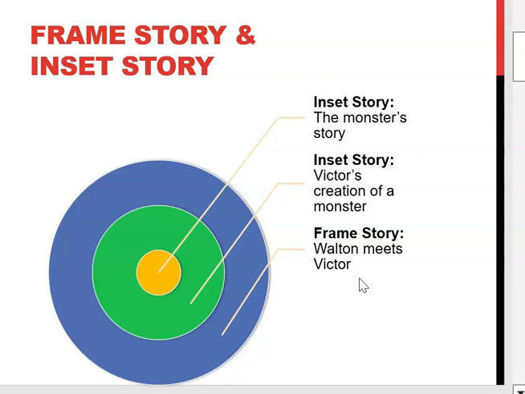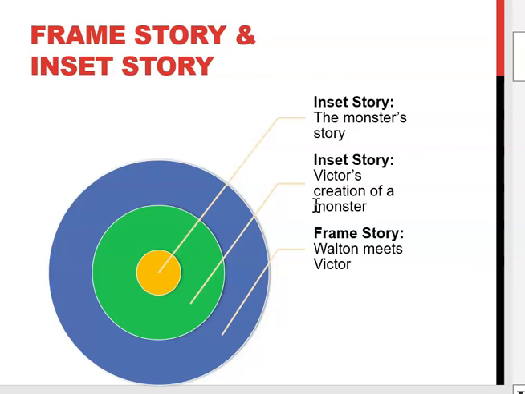And Victor is going to tell his story, his side of the story, which makes up the inset part of Shelley's novel. So the first inset story is Victor's version of events. It gives a little bit of background information about his childhood, his upbringing, and all the events that lead up to the creation of his creature.